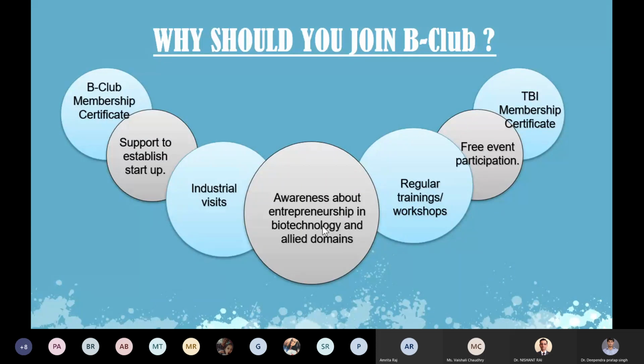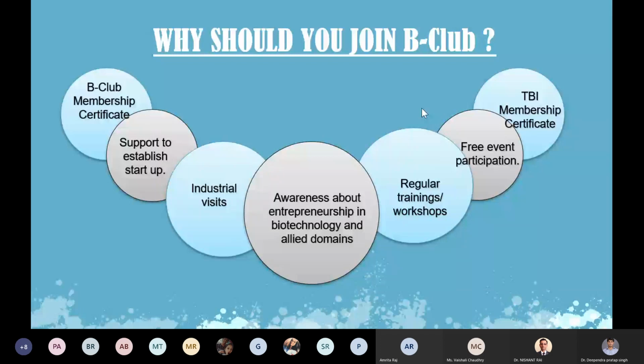You will have more industrial visits, regular trainings and workshops, and free event participation, and we will support you to establish a startup. You will also have a dual membership: the Biopreneurs Club membership, and if you come up with a startup, then you will have a PBI membership certificate also.